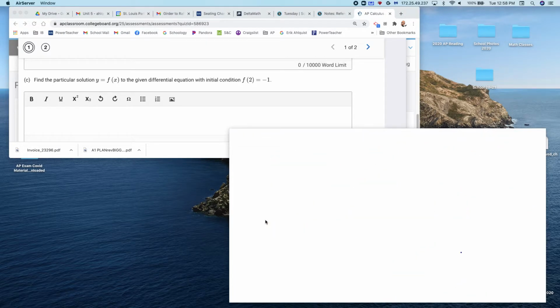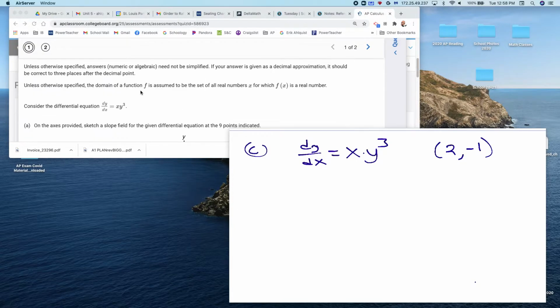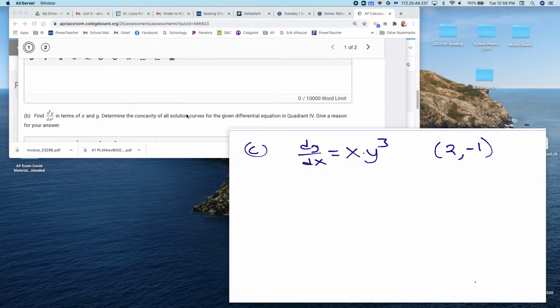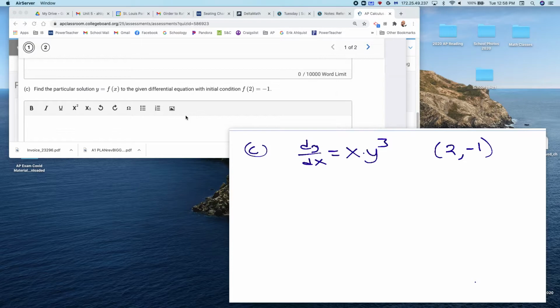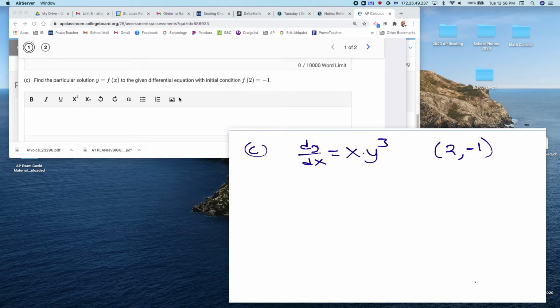From this part C, we're given this differential equation that's x times y cubed, and we're given the point 2, -1. Let me just make sure that is the differential equation, x times y cubed, and we're asked to find the particular solution.